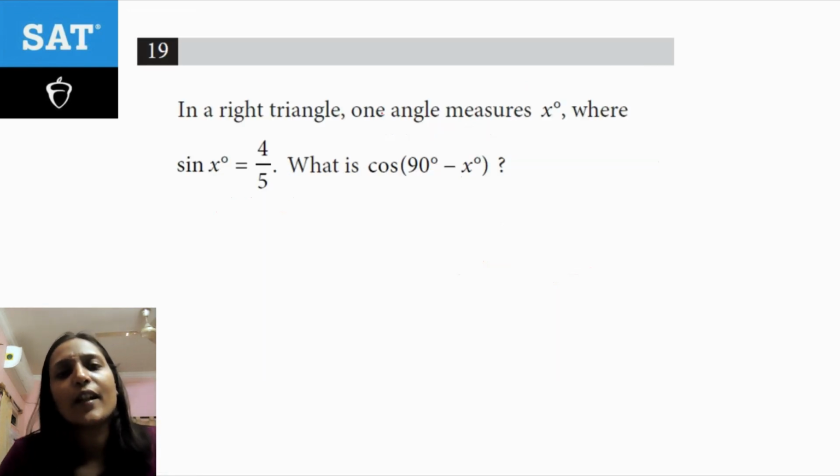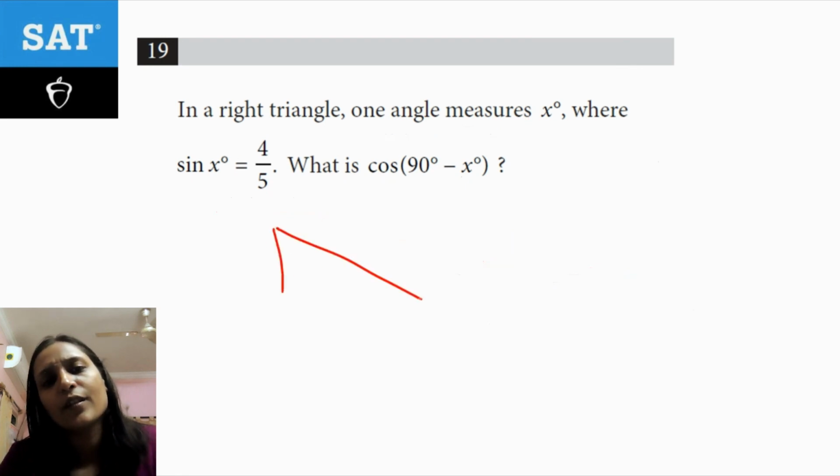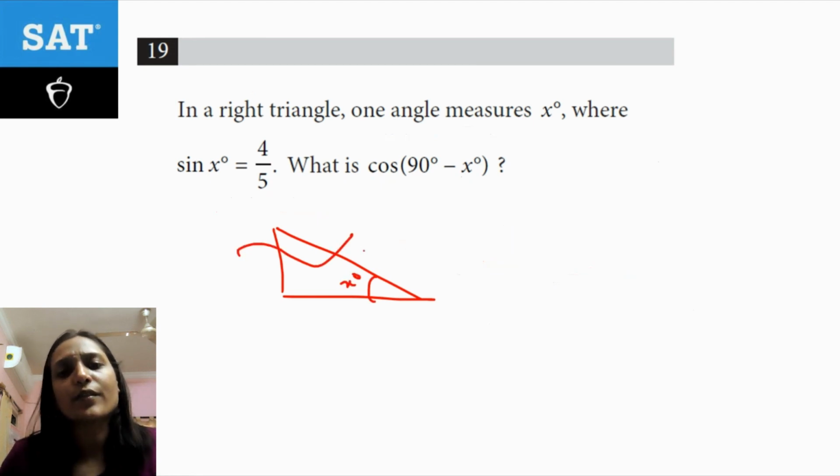The next question is the right angle triangle has one measure x where sine x is equal to 4 by 5. So if this angle is x, then sine is always going to be opposite over hypotenuse. So this is given as 4 over 5. Then they're saying what is the value of cos 90 minus x?